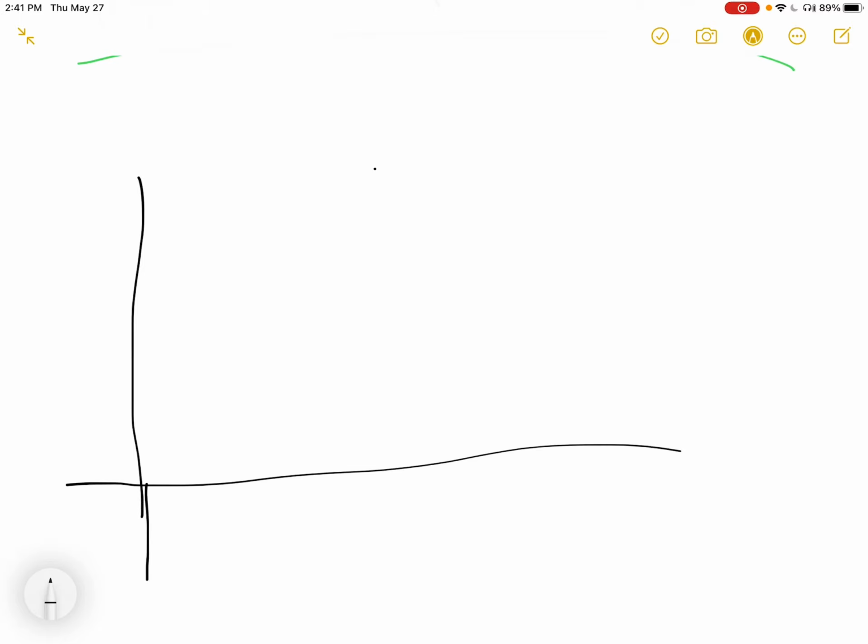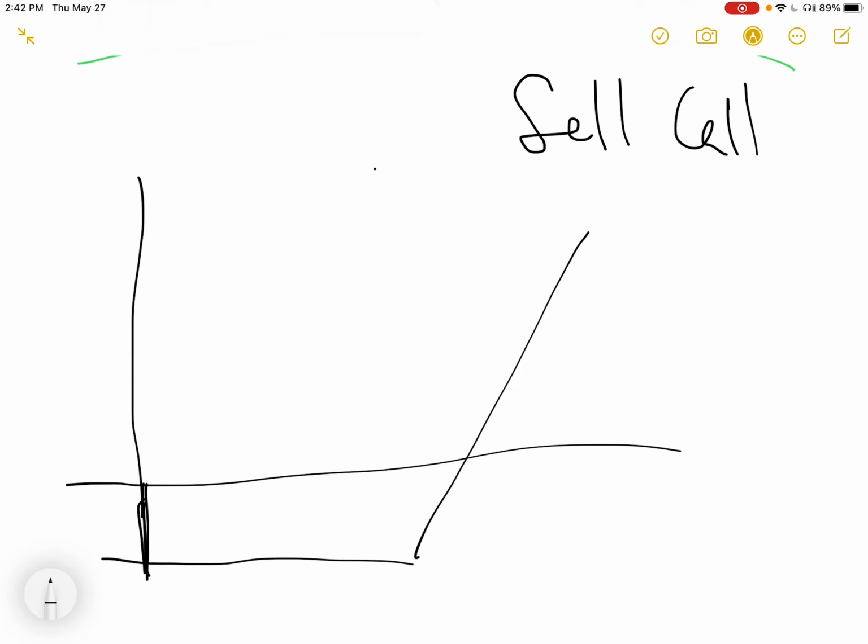So let's say you want to sell a call option. In general, what happens with a call option, if you're a buyer of it, your profit is potentially unlimited, because the stock price can go to whatever.